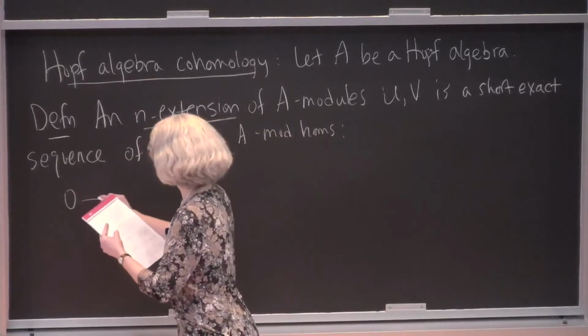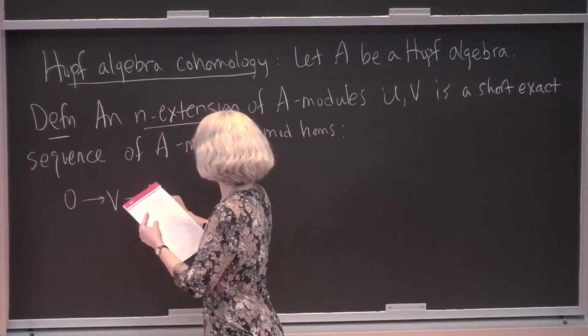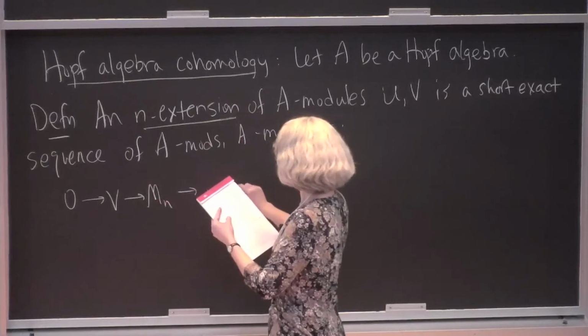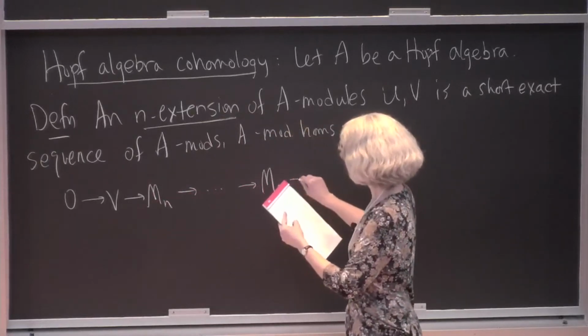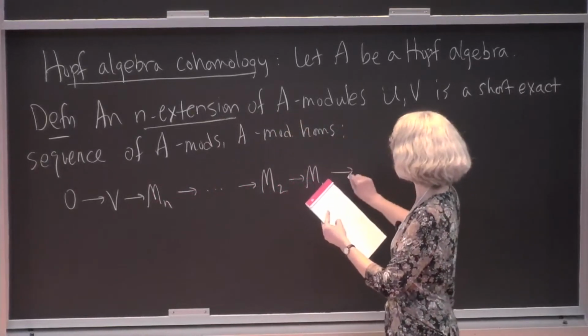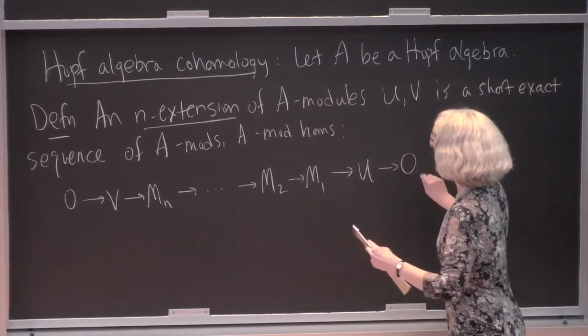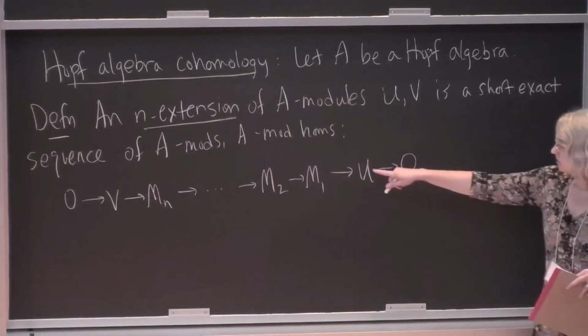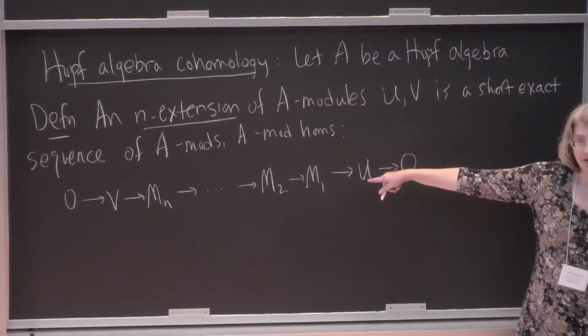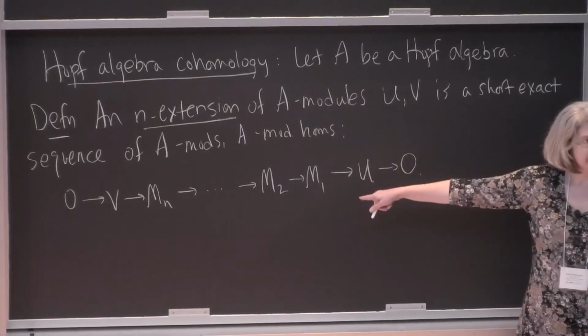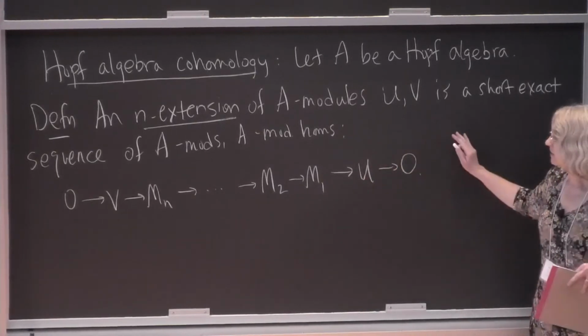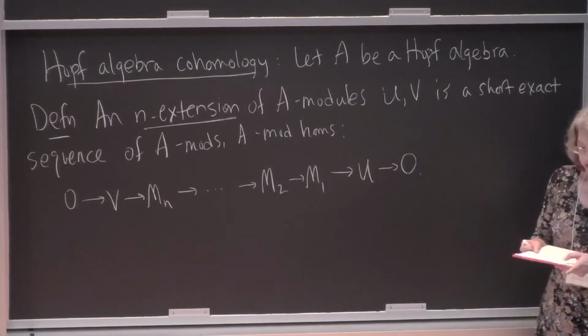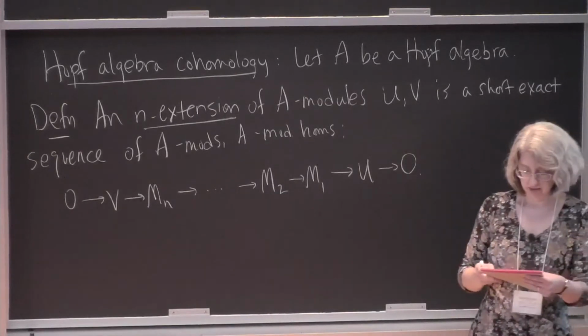So I'll have 0 goes to V goes to M_{n-1}, and so on, M_2, M_1, U, and 0. So arrows indicate A-module homomorphisms, and the image of each one is equal to the kernel of the next one. So this is an n extension, and I want to put all n extensions together.